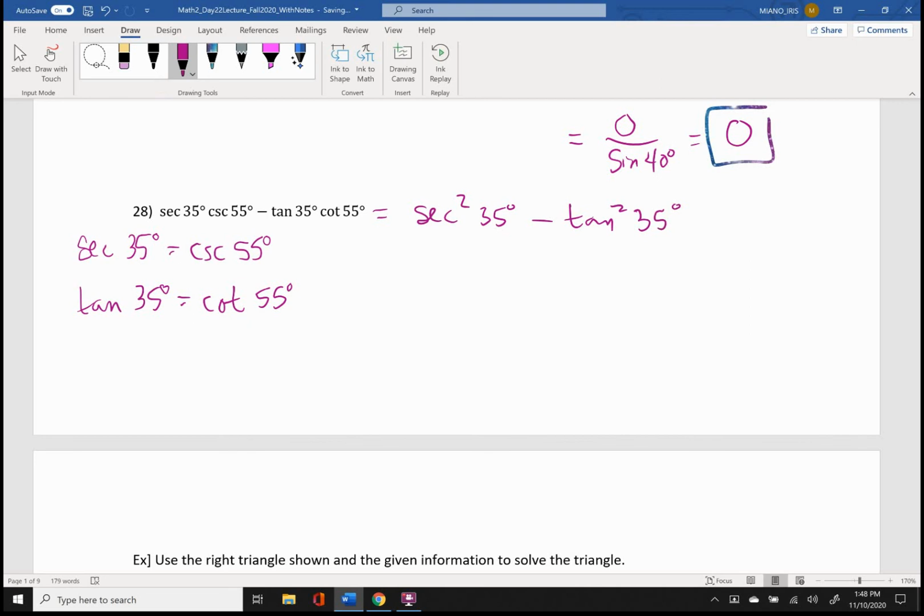Cute. So at this point, I will redefine everything in terms of sines and cosines, because I can see into the future and recognize I'm going to have a cosine squared 35 degrees common denominator.